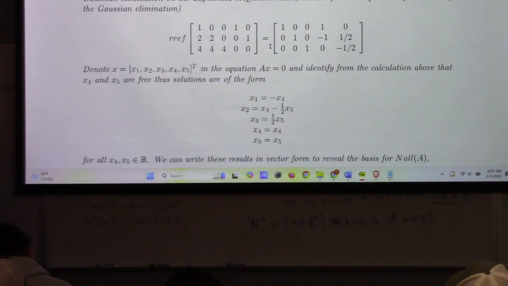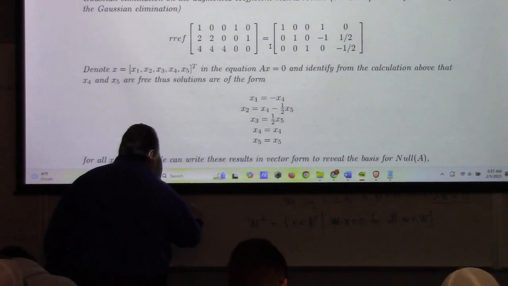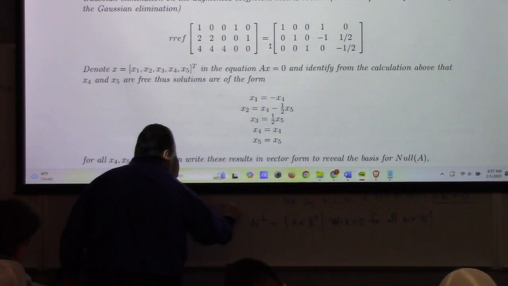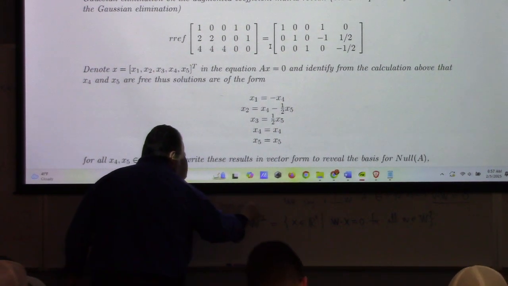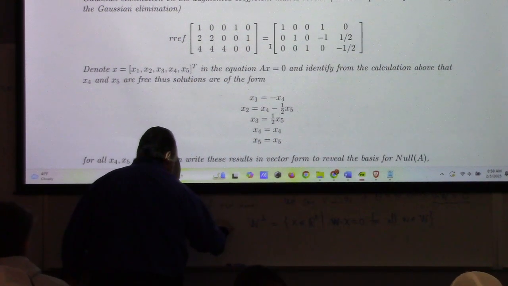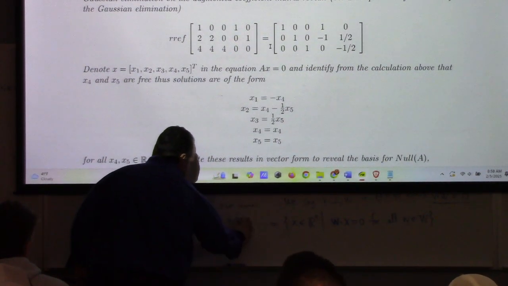All right? And the rank nullity theorem says that the rank is equal to the number of pivot columns, right? And the nullity is equal to the number of non-pivot columns.